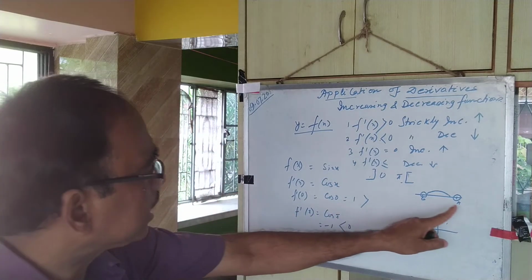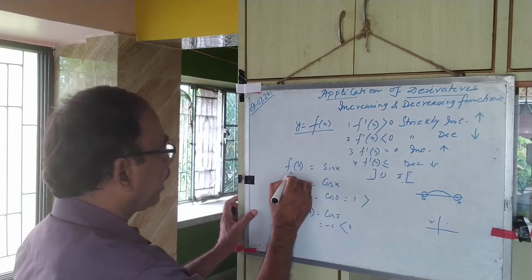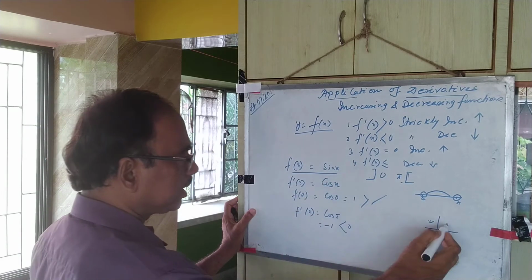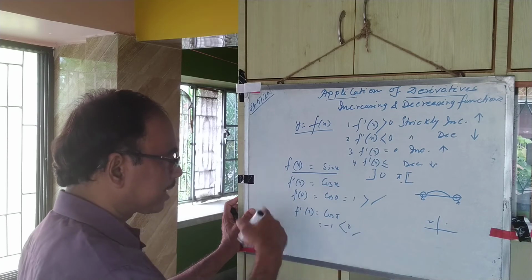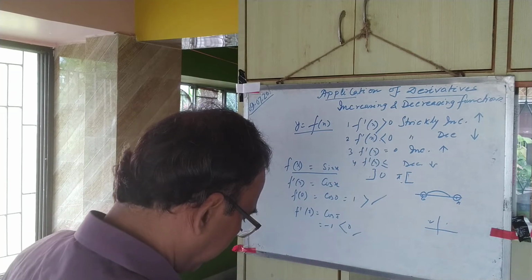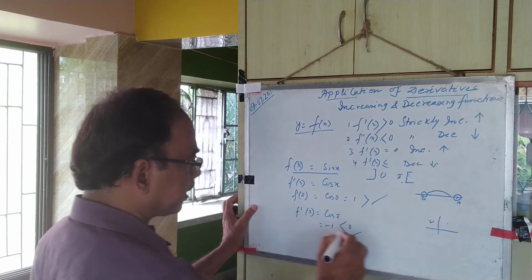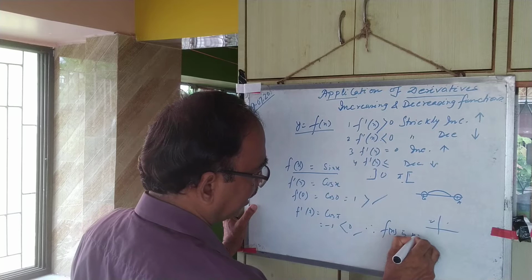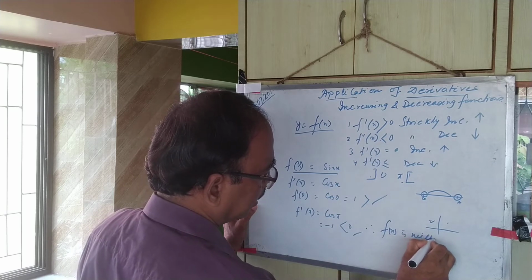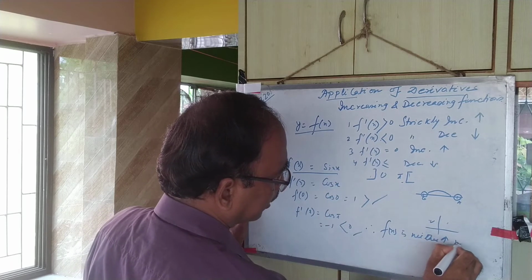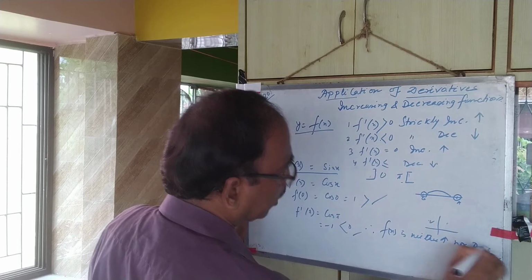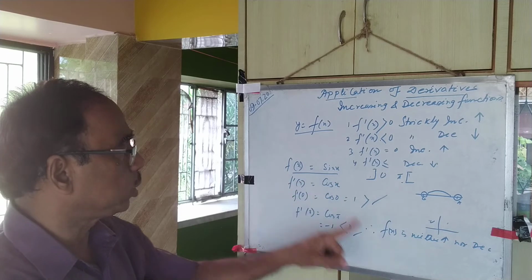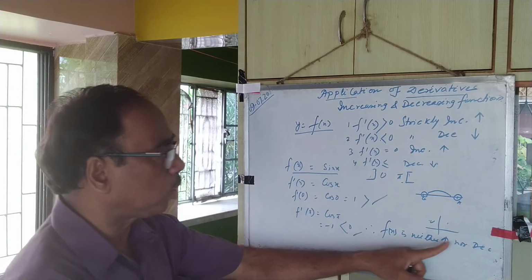So within this interval, f dash x is greater than 0 in one part and f dash x is less than 0 in another. Therefore f(x) is neither increasing nor decreasing within this interval.